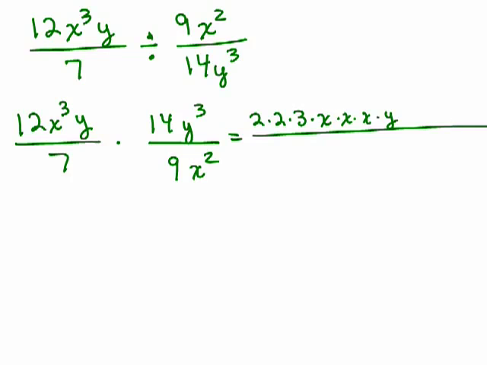And keep on going here. Alright, so then we've got the 14, 2, 7, and then we have 3 more y's. Barely get them in there. And in the bottom we have a 7, we have a 3, an x, and x.